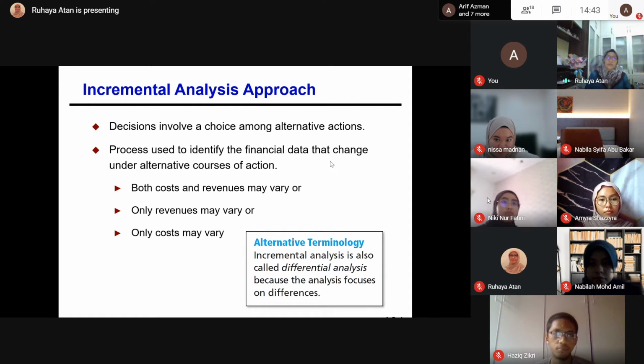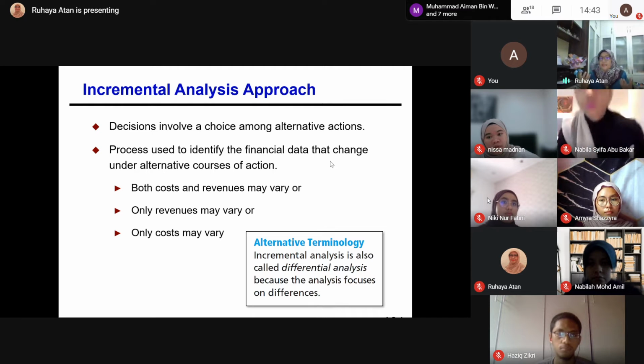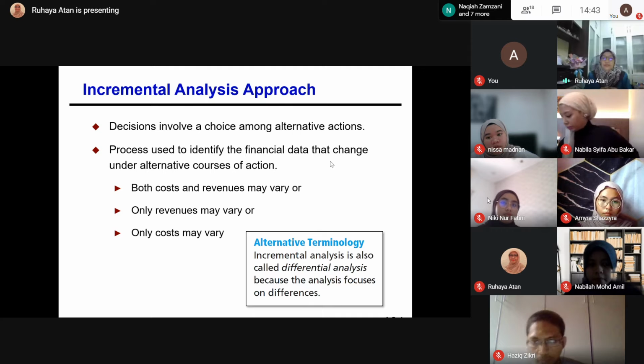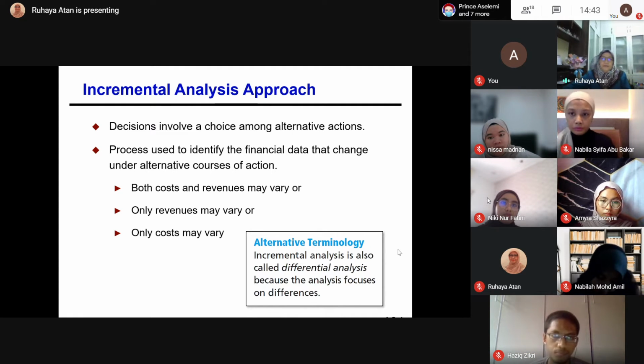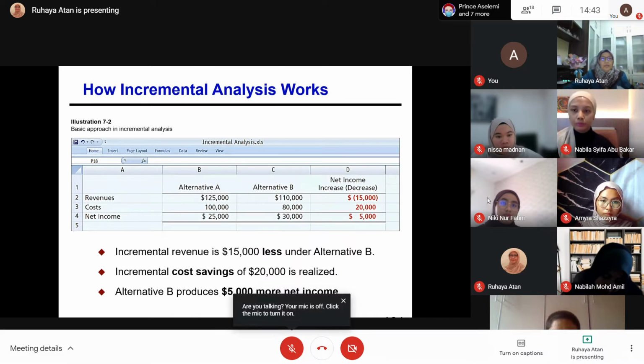Is it to go on your bike or on your car? What's the difference if you go by car or by bike? You must calculate this. This is why it is also called differential analysis.